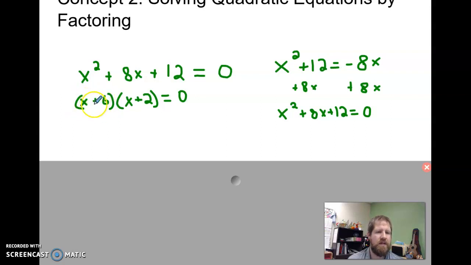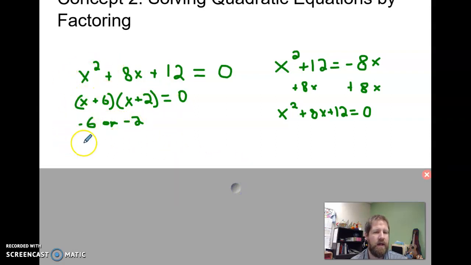If x plus 6 is equal to 0, x has to be negative 6. If x plus 2 is equal to 0, x has to be negative 2. So for this problem, I would have negative 6 or negative 2 as my answers, as my zeros.